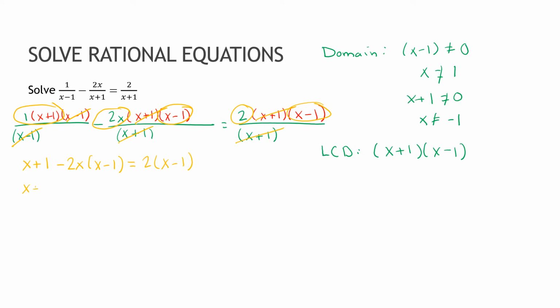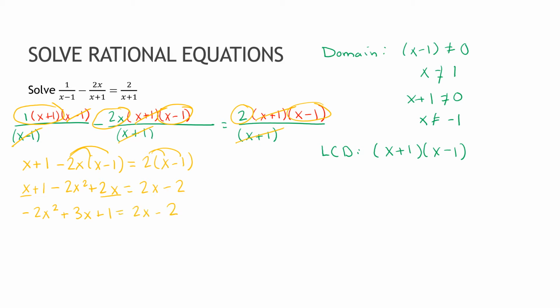Now I'm going to simplify a little bit. I have x plus 1 minus 2x squared plus 2x. And here I have 2x minus 2. I really want to simplify a little bit more before I get everything to one side. So I'm going to simplify the x with the x. That gives me negative 2x squared plus 3x plus 1 equals 2x minus 2.